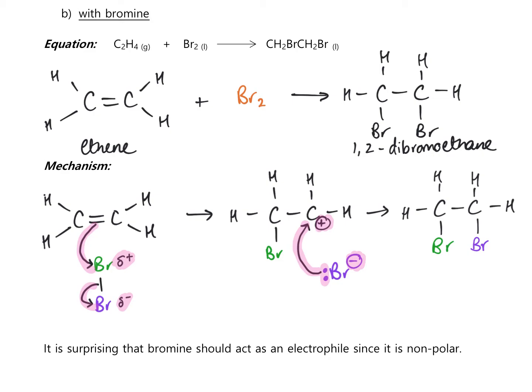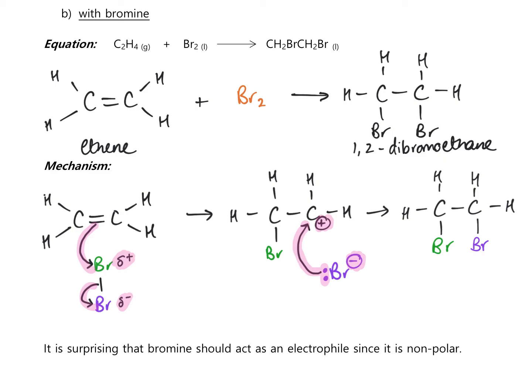Now, as we said when we started this example, it is quite surprising that bromine acts in this way, that this reaction happens, because bromine is a non-polar molecule. And what we said with our electrophiles is that our electrophiles must be molecules that have either a full positive charge or a partial positive charge.